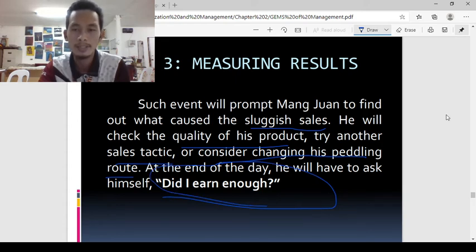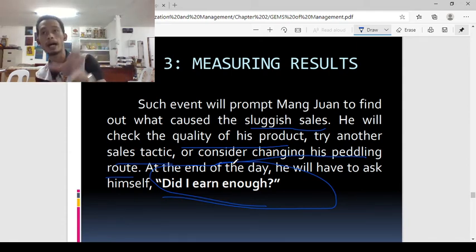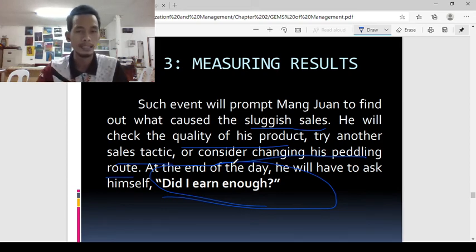Answering this question will help Mang Juan know whether his business is progressing or not, right? So i-find out niya asa iyang problema, like possible sa iyang ruta, di ba? Possible sa iyang quality sa product, dili nice ang quality sa product, and then ang iyang sales tactic or marketing strategy.